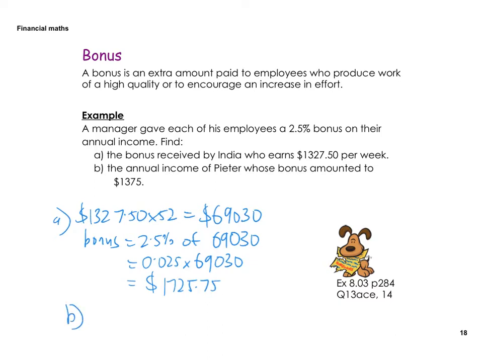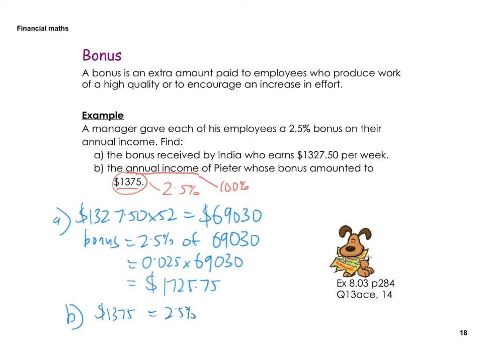Okay, so part B asks for the annual income, and we only know the bonus, but we know the bonus refers to 2.5%. So this is equal to 2.5%. The annual income is 100%. So we need to go from 2.5% to 100%. So we can write 1375 equals 2.5%.